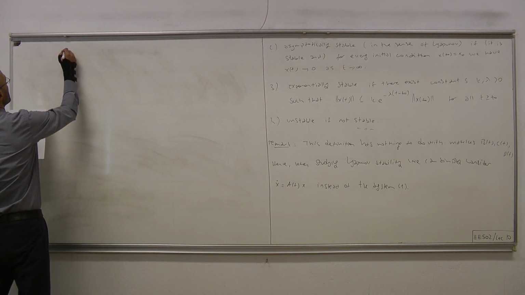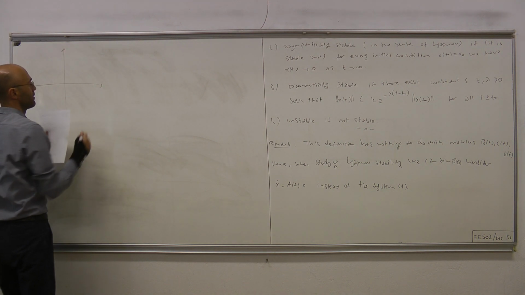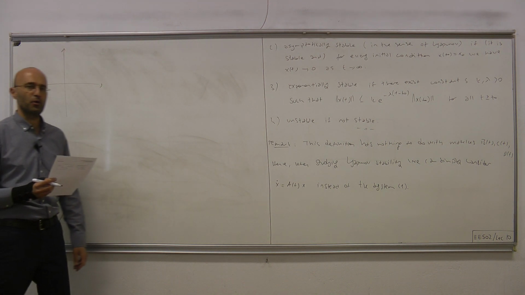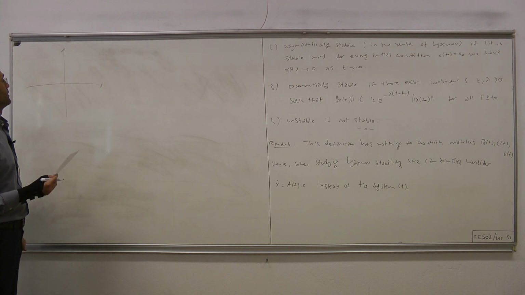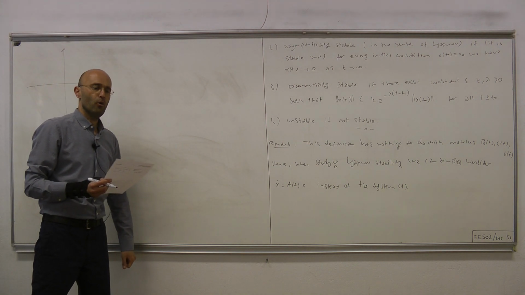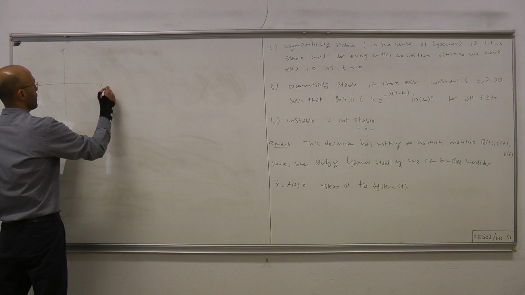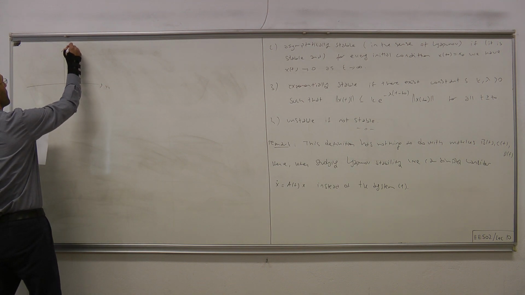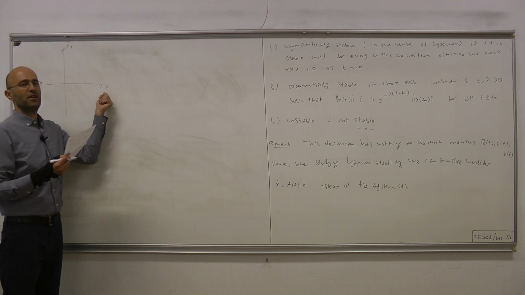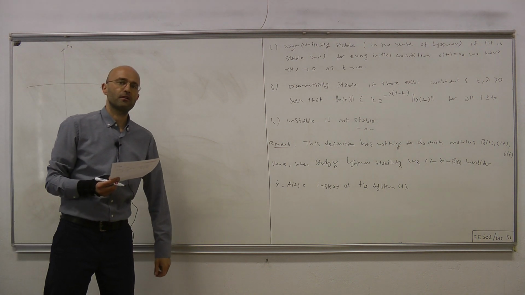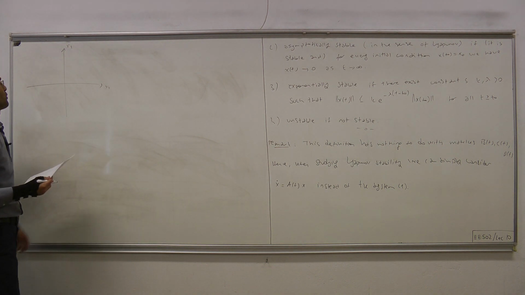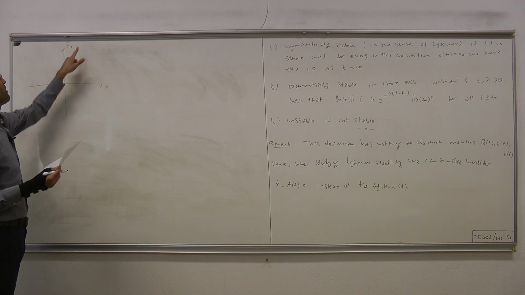Okay, so suppose that our system is second order, so that we can draw the phase portrait on the board. The horizontal axis, let's say, representing x1, and the vertical axis representing x2, for instance, the pendulum system, theta and theta dot.